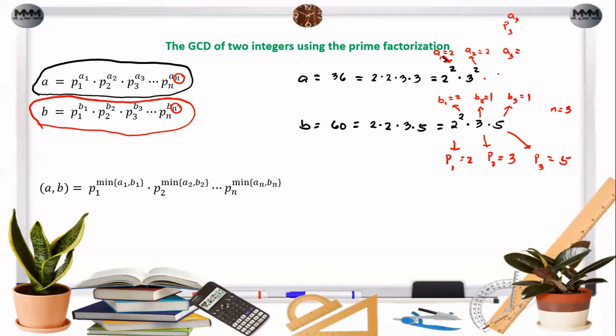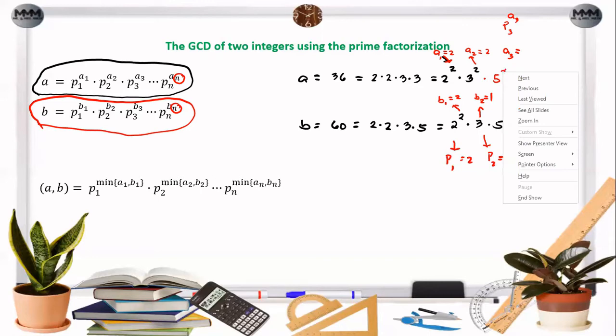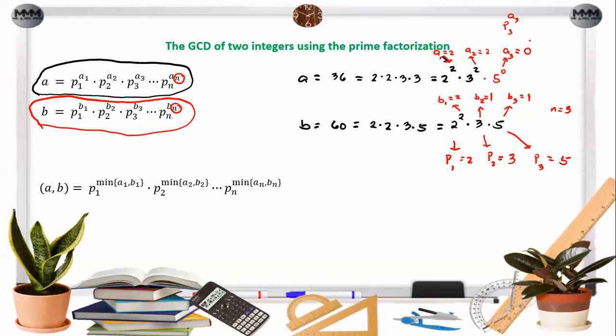So we can write it as 5 raised to 0. This 5 raised to 0 is of course equal to 1, and if we multiply it to 36, still the value is retained. Hence our a3 here is 0.